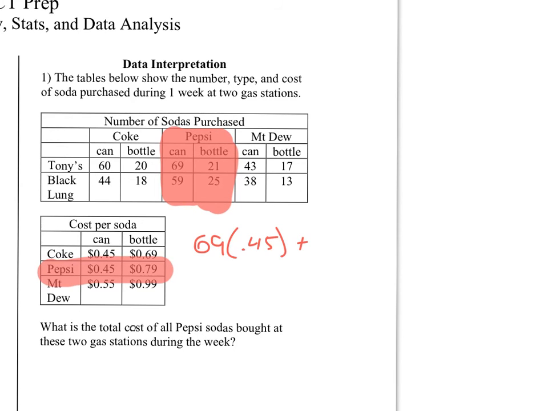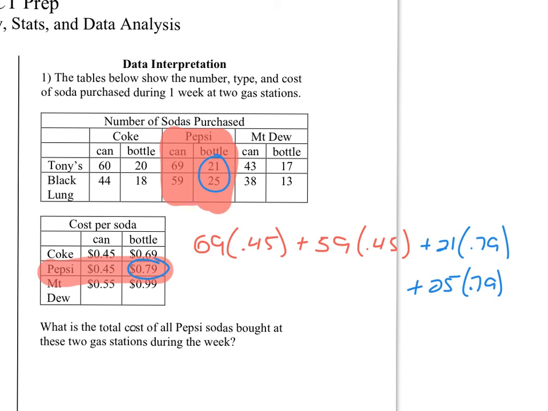Plus, there was 59 cans from the Black Lung sold, and those were also 45 cents. And then looking at the bottles and the bottle prices, there were 21 bottles, I should say, at 79 cents a piece, and there were 25 bottles at 79 cents a piece.